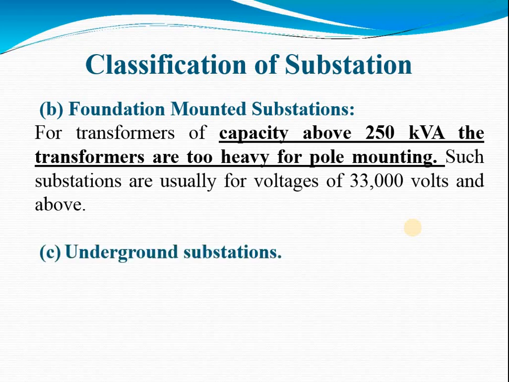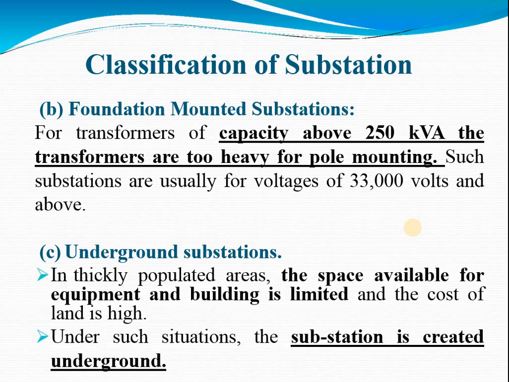The third subtype is underground substations. In thickly populated areas, the space available for the equipment and building is limited, and the cost of the land is very high. Under such situations, the substation is created underground.